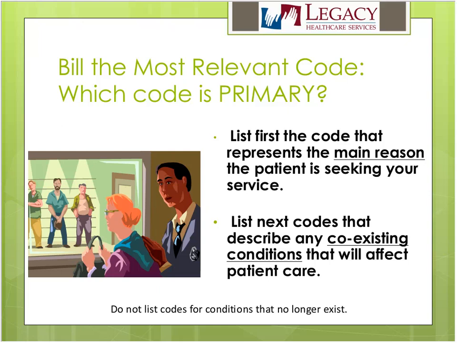So the primary code or the primary medical diagnosis should be the overriding reason why this person is seeking services. Subsequent codes are going to describe coexisting conditions that may affect patient care. So for example, if somebody is admitted and has had a fall and now they have hip pain and they're limping because of that fall and hip pain, the overriding reason or the primary reason that they're seeking services is because they had a fall.